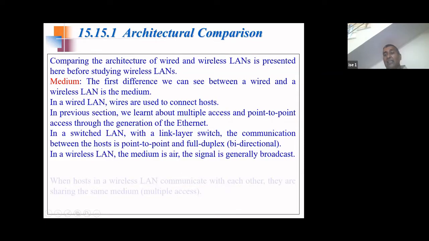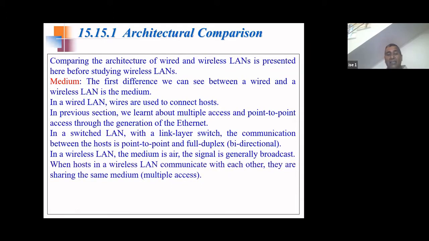Broadcast in the sense that every host using the wireless LAN gets the frame. If the frame is meant for me as a host, if my MAC address is in it, I will accept it. All the other hosts will drop it.